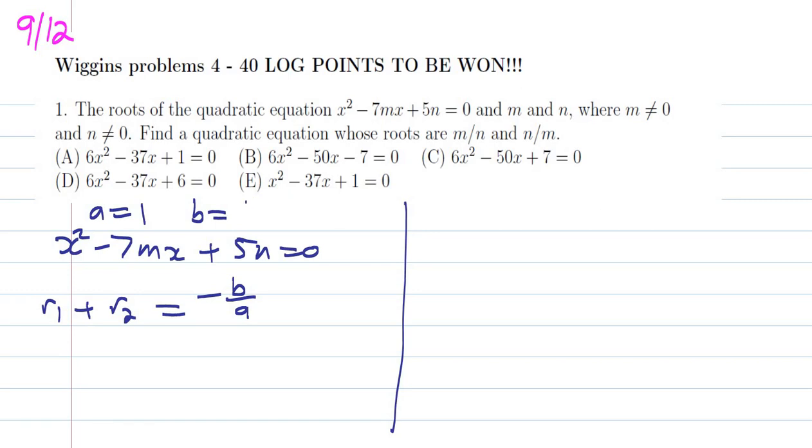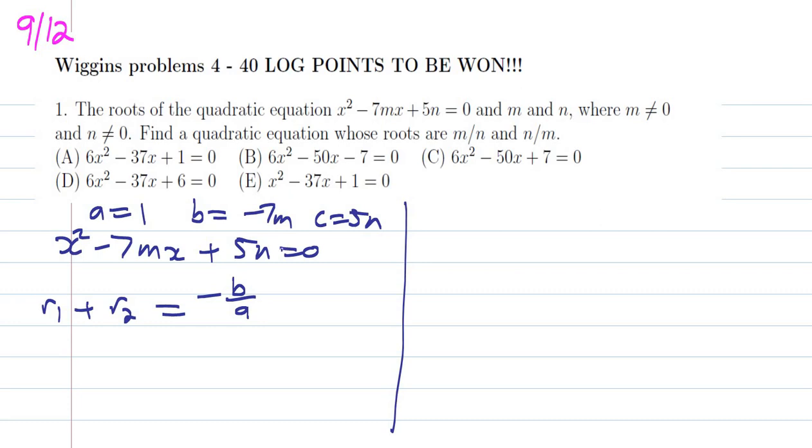Anybody? Tell me what B is? Yep, minus 7m and C is 5n. Can I get smiley faces? In this quadratic, A is the coefficient of x squared, B is the coefficient of x, and C is the constant.